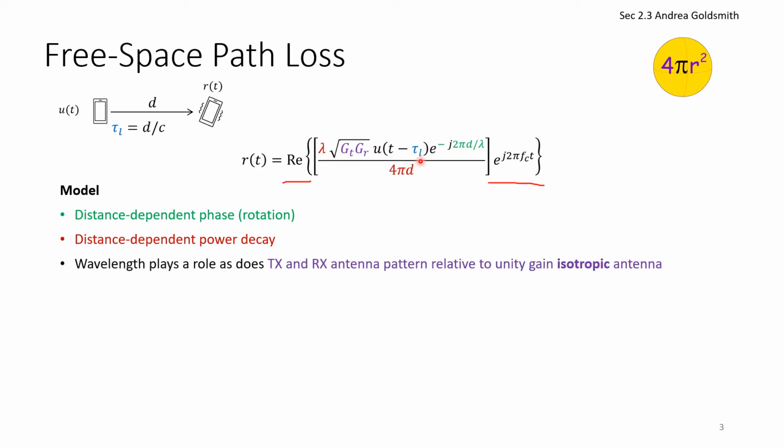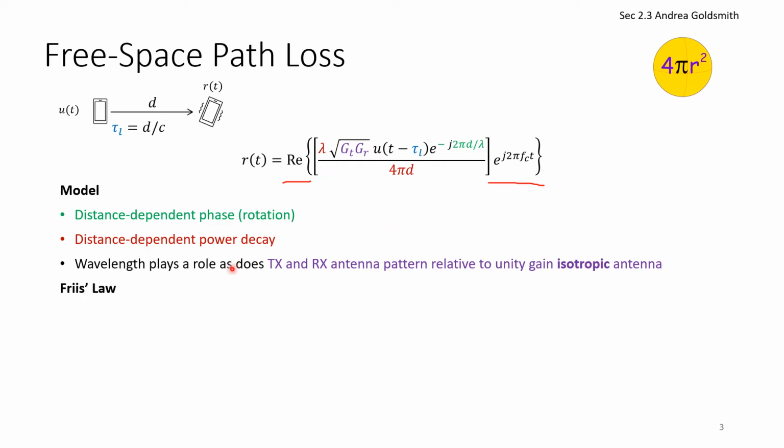And we also have the gain of the transmitter and receiver antennas, and as we said, wavelength plays a role. Of course, the gain is measured relative to the isotropic antenna or isotropic radiator. These are the main components: green, red, and purple show you the main components in the received signal.